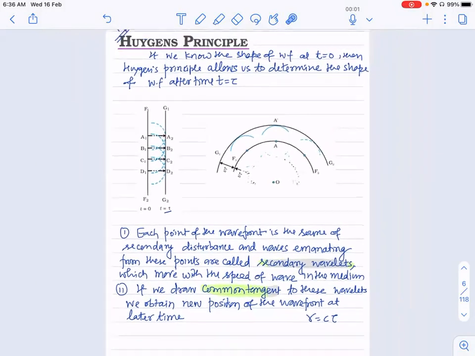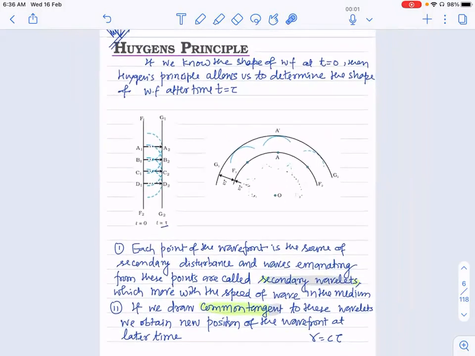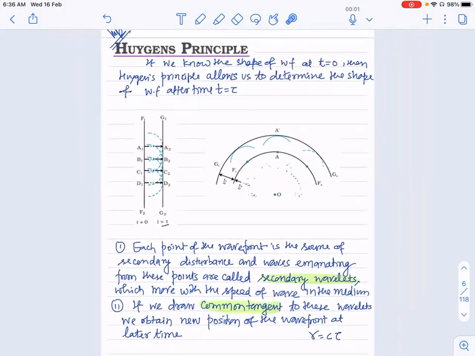That's how it moves. And he took the help of this to explain the law of reflection and refraction. So that's how you can state it; you can read your textbook also, almost the same definition you will find, or you can write the definition from your textbook.